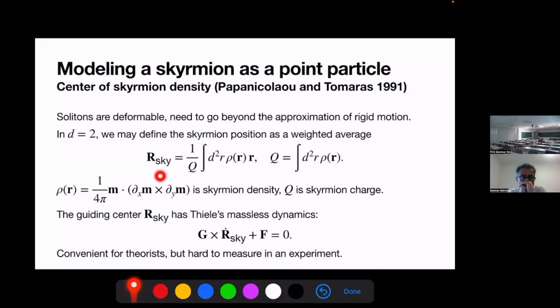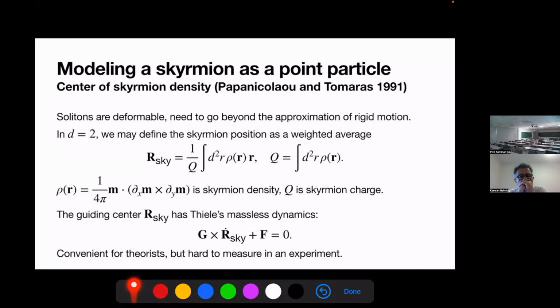You can define the position of the skyrmion by using the skyrmion density rho, given by this expression, as the weight, and its integral over space gives you the skyrmion charge, plus or minus 1 for a skyrmion, plus or minus 1 for a vortex. And its first moment gives you the position of your skyrmion.